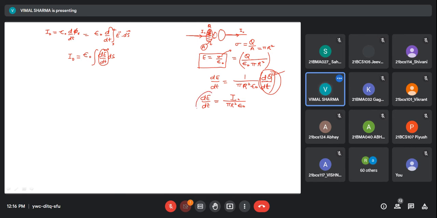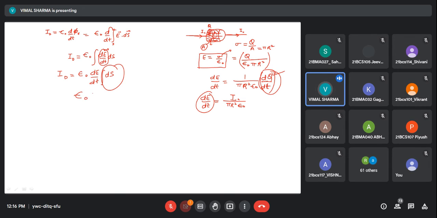So let me see this again. ID is epsilon naught times d by dt, and this is the integral of dS, where dS is part of this open area here. The flux between the plates of the capacitor is due to the area inside this imaginary area, which equals the area of the plates.